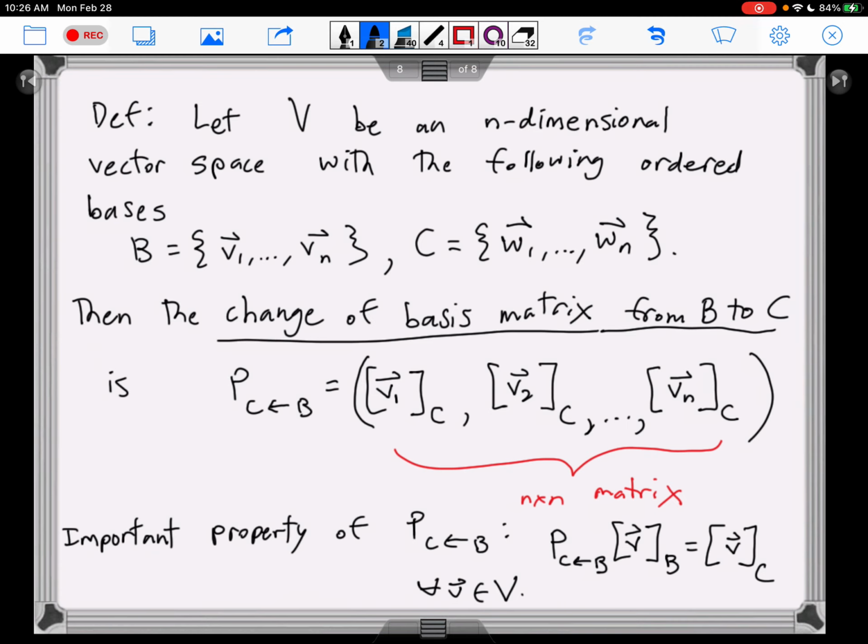Or another way to say that is if you know the change of basis matrix, then you can convert any vector relative to basis B to that same vector relative to basis C.